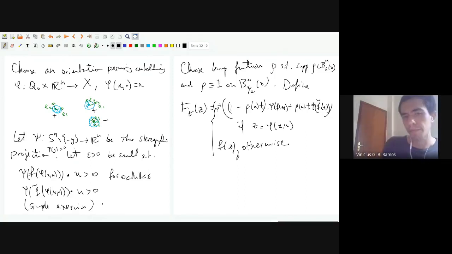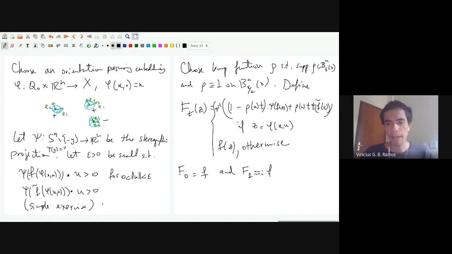So anyway, that's the definition of the homotopy, and it's kind of clear to see that f0 is equal to f, and f1, which is what we define to be f tilde tilde, is equal to f tilde in a small neighborhood of q0.